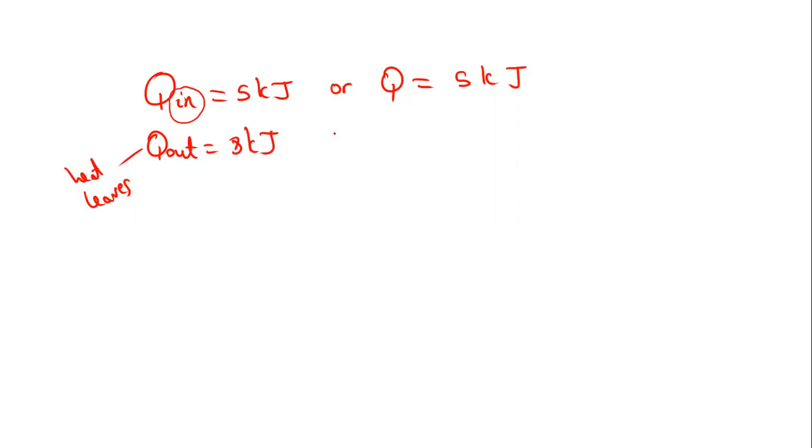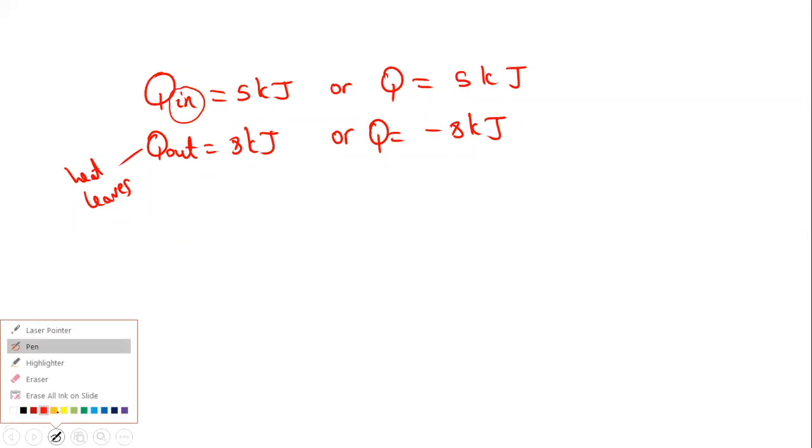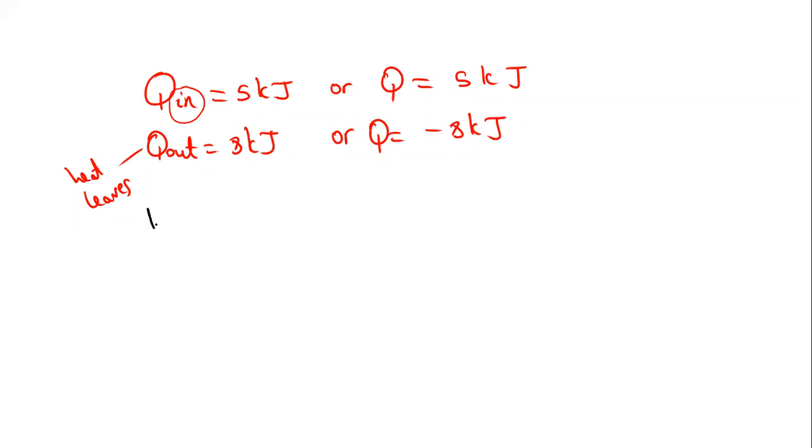So Q out 8 kilojoules, or I can say that Q is negative 8 kilojoules. So instead of specifying in and out terms, I use the signs. If the sign is positive, it means that it is in. If the sign is negative, it means that it is out. This is one. For the work term, it will be the opposite. When I say that work in is, for example, 4 kilojoules, I can write this as work is negative 4 kilojoules. See, this is the same. So I can specify the in term here, in means that it uses electricity.